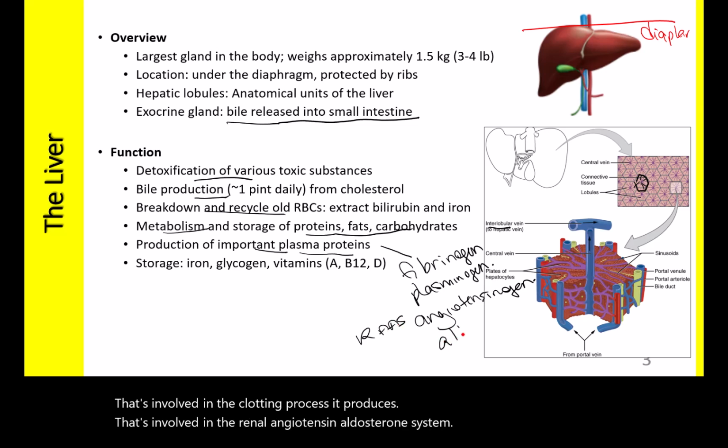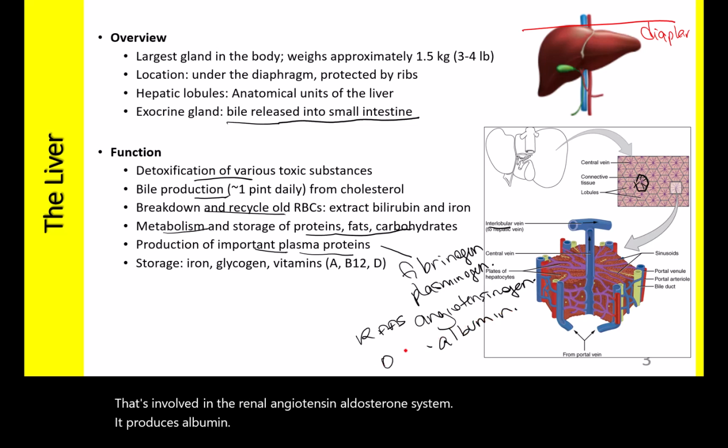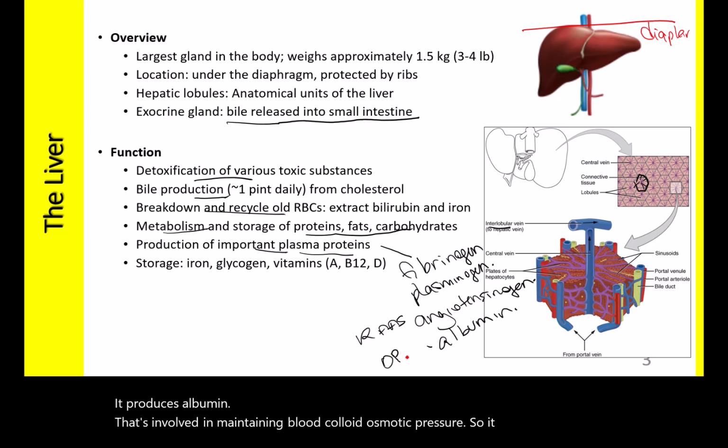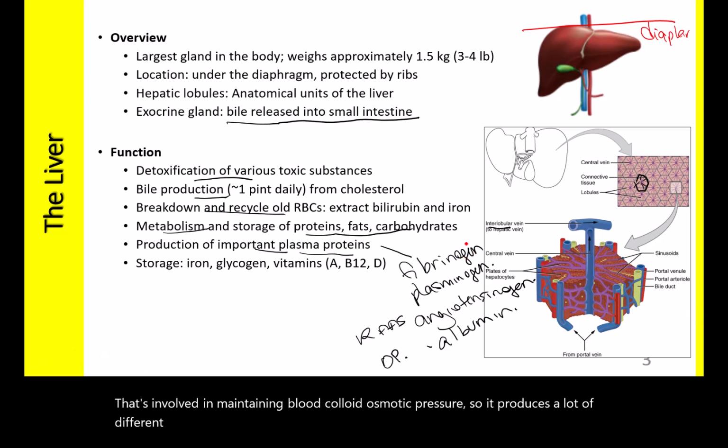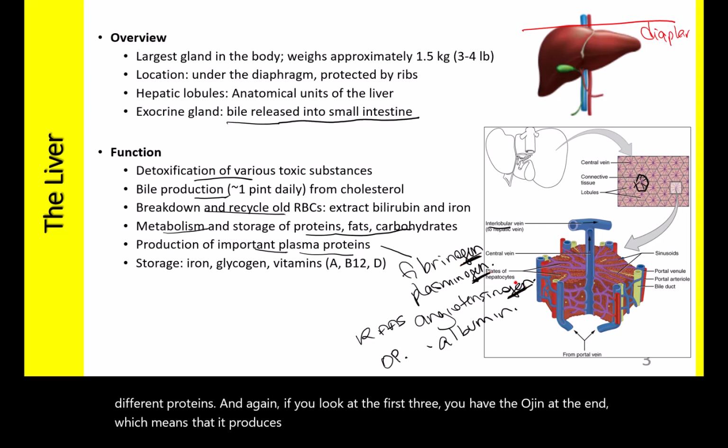It produces albumin, which is involved in maintaining blood colloid osmotic pressure. So it produces a lot of different proteins. And if you look at the first 3, you have the "ogen" at the end, which means that it produces them as inactive components so that they can be activated when the need arises.